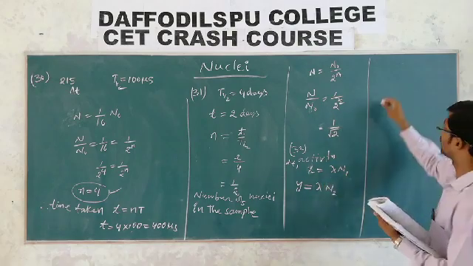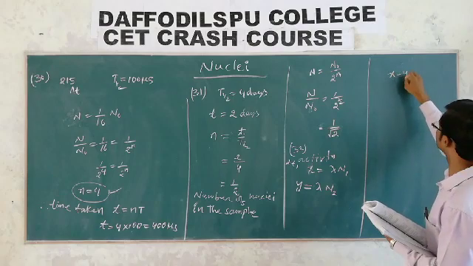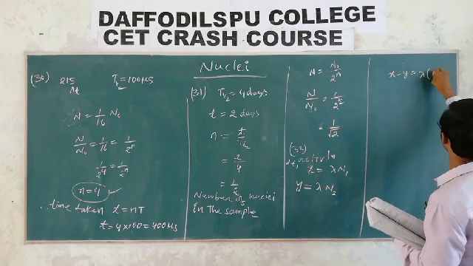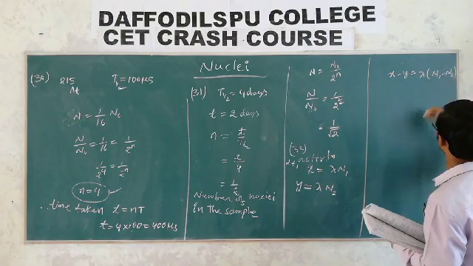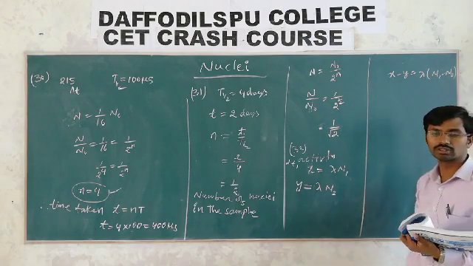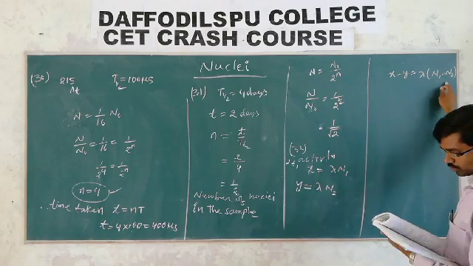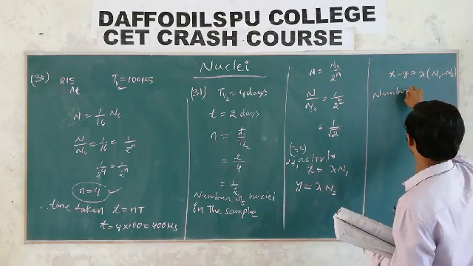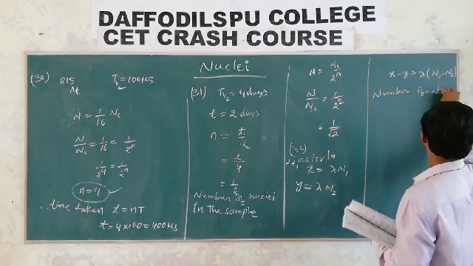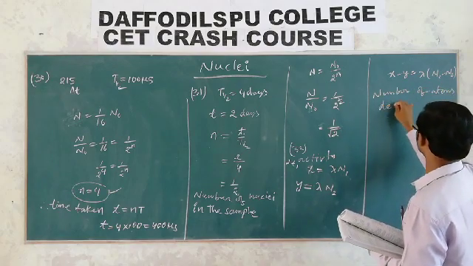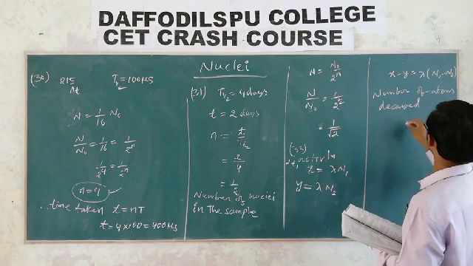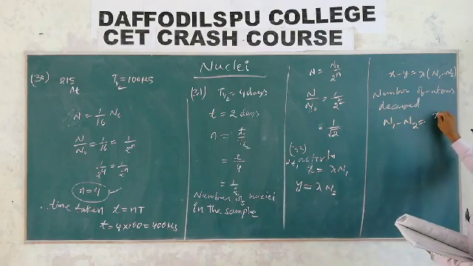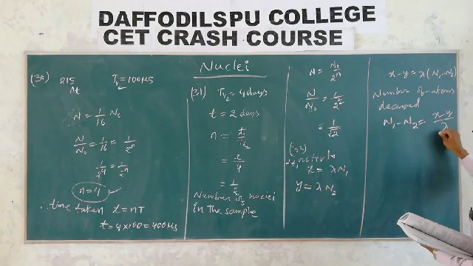Now let me take X minus Y, which is equal to lambda into the number of atoms decayed, N1 minus N2. So N1 minus N2 is equal to (X minus Y) by lambda.